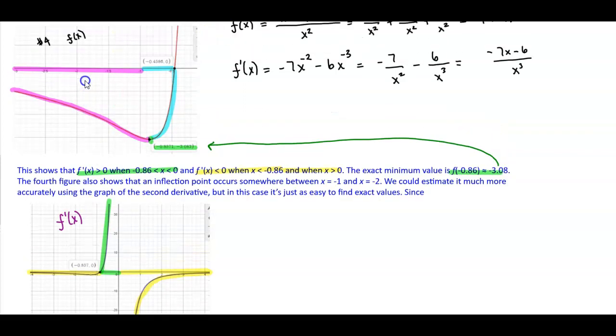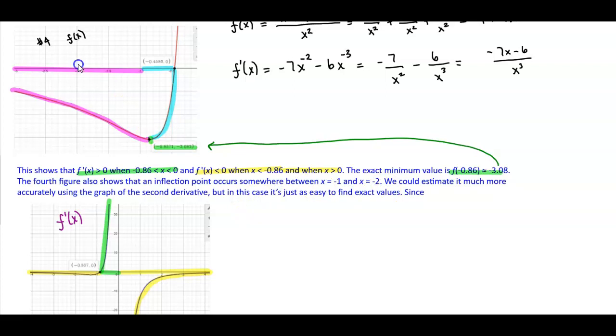So the fourth figure up here also shows that there is an inflection point that occurs between -1 and -2. We could estimate it much more accurately using the graph of the second derivative. So we are going to do that.